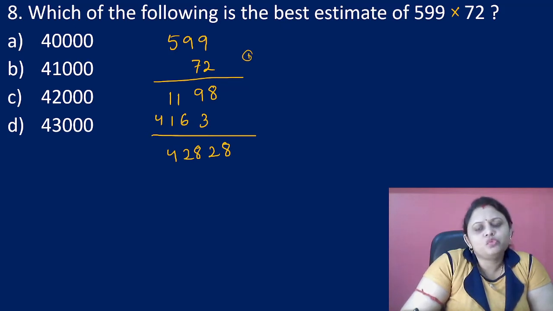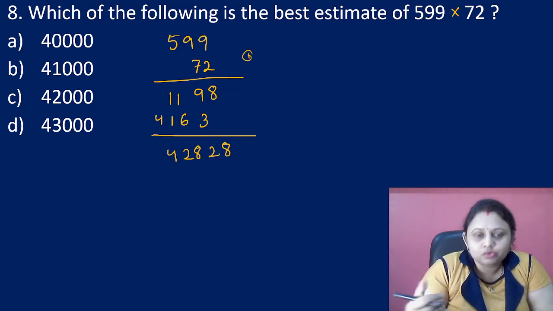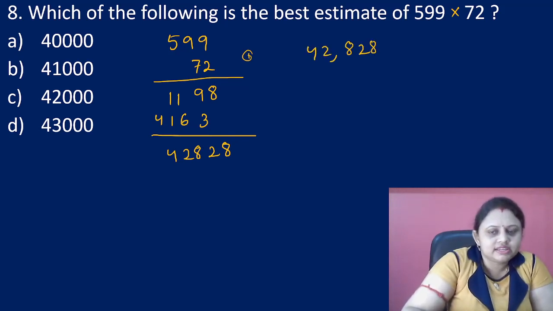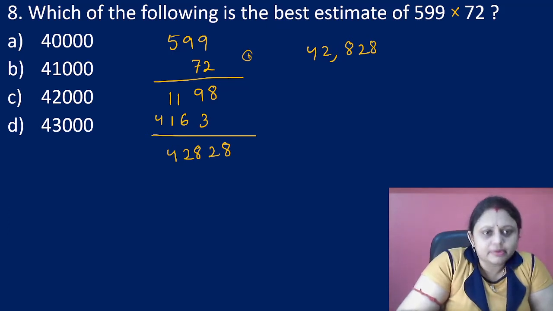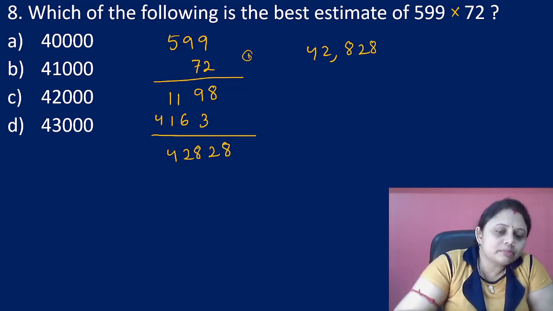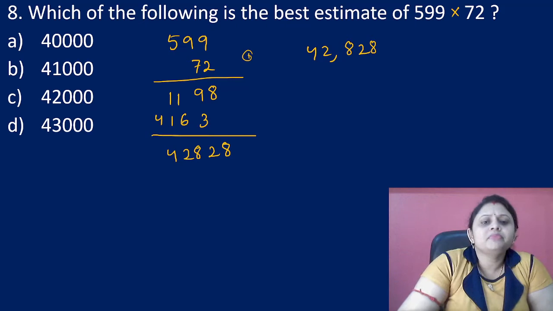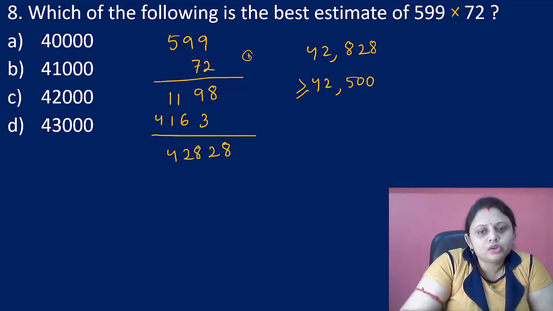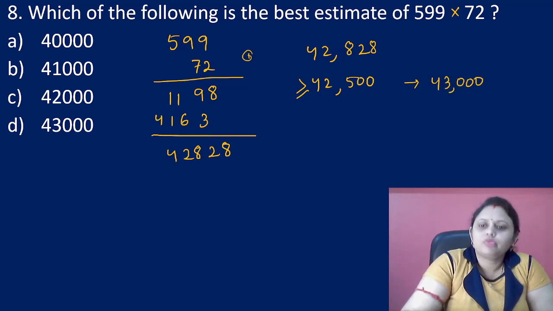Okay, so 42,828. When we estimate it, we have to estimate it. If all numbers are present in thousands, 40,000, 41,000, 42,000, 43,000, then when rounding this number, if the value is greater than or equal to 42,500, then the answer will be 43,000.